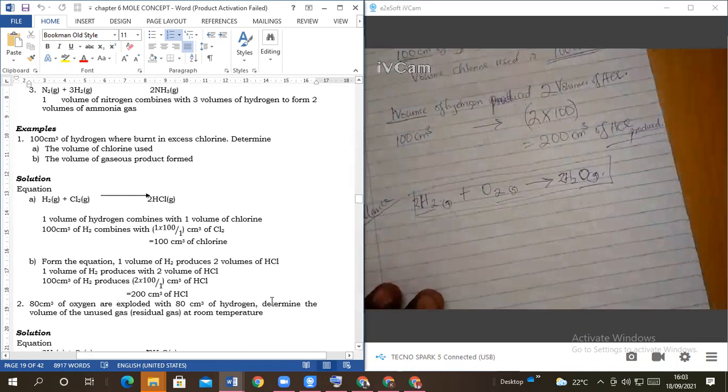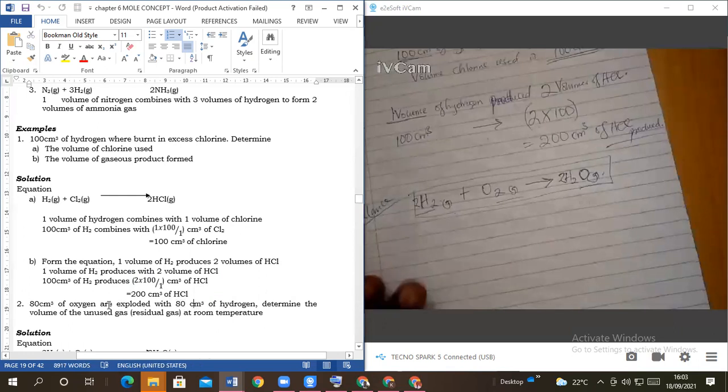Now, what is the question about? Determine the volume of the unused gas. Because they are telling us 80 of this reacted with 80 of this, but we want to prove that maybe there is some gas of oxygen that was not used.